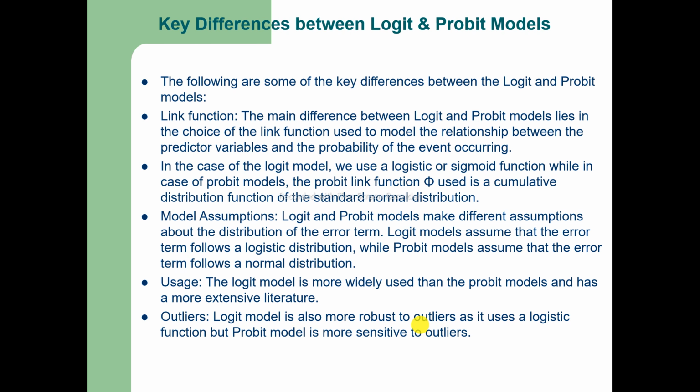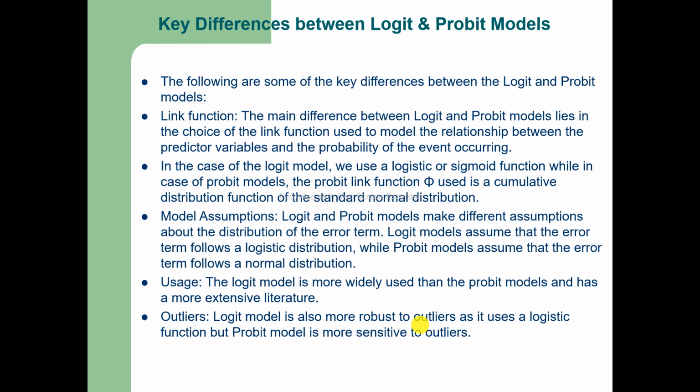So, keeping in view these differences, as we see in the literature that the Logit model is more widely used than the Probit model, and secondly, Logit models are less sensitive to the outliers, but Probit models are more sensitive to the outliers. That is why Logit model is preferred to Probit model.